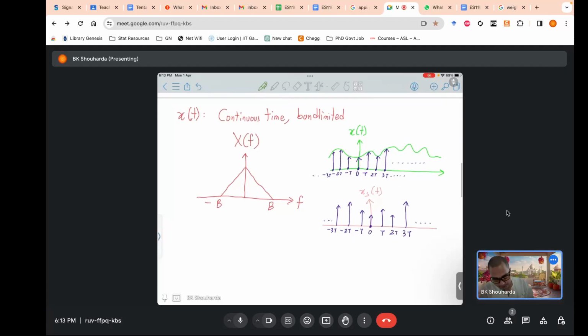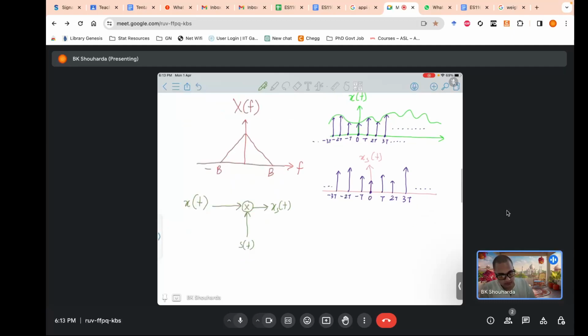All right, so how do we actually define such a function mathematically? We have x(t) coming in and we have some analog multiplier, and then it gets multiplied with a sequence called the impulse train s(t), and we get x_s(t).